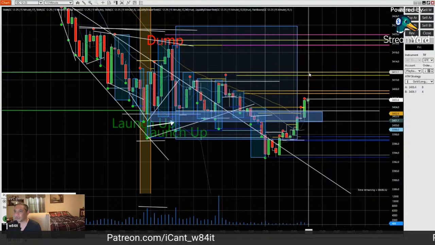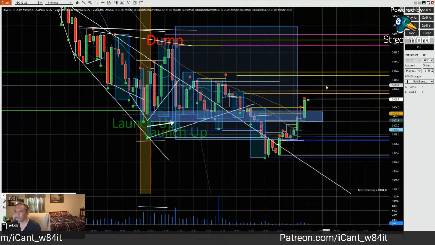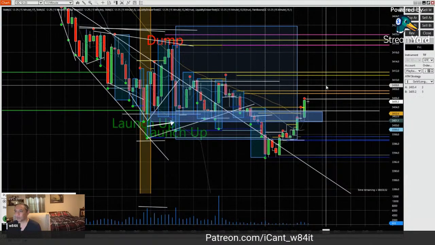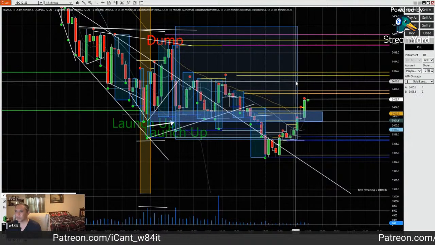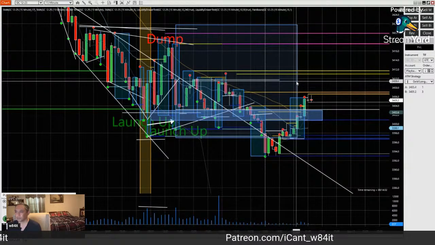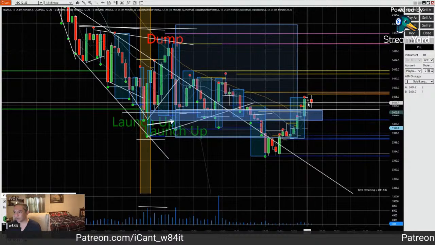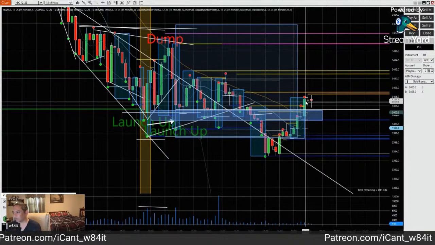It's probably going to bring us all the way back up into this range. All right, so there's your just closed or just went lower if it closes like that.